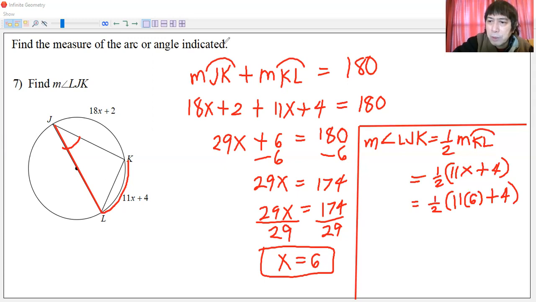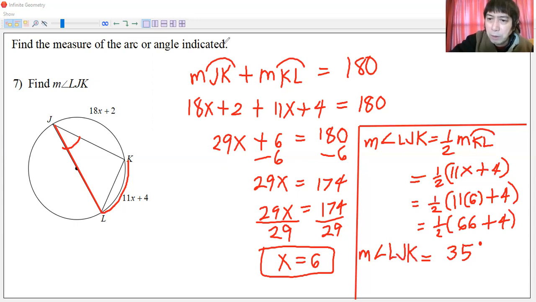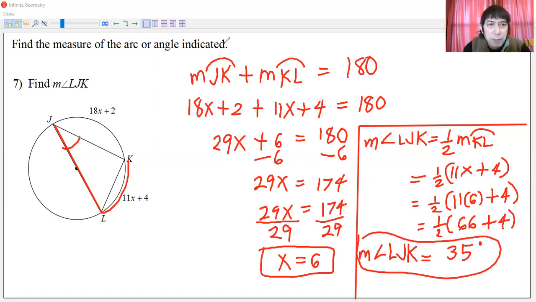We have here 66 plus 4, 1/2 of that. That should be 70. 70 divided by 2, that's 35. 35 degrees is the measure of the angle LJK. That should be our computation. Let's check. Watch the answer below the diagram. Yes, it's 35. So this must be correct.